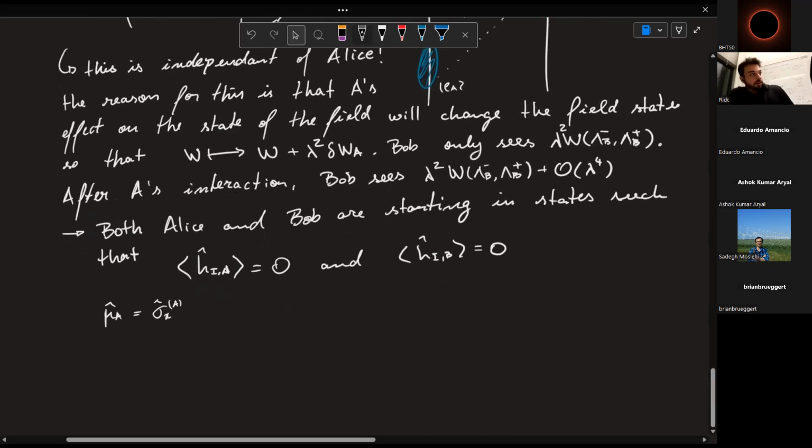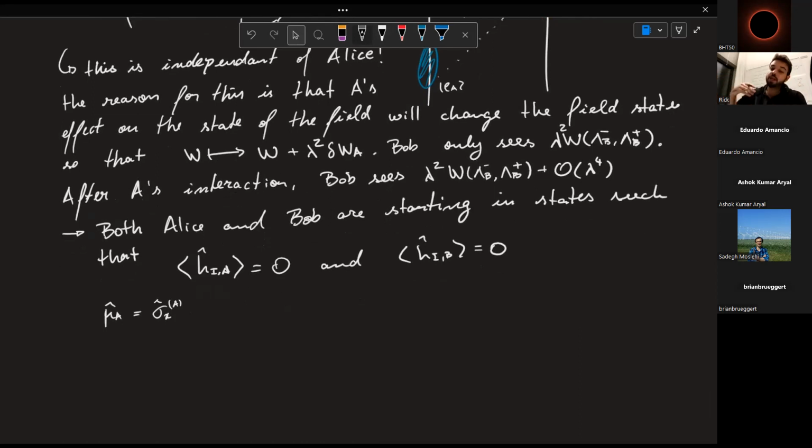So by picking Alice and Bob to both start in the excited or ground state, the actual interaction starts at its smallest possible value. That's why we need to go one extra order in perturbation theory for Bob to see an effect in Alice.